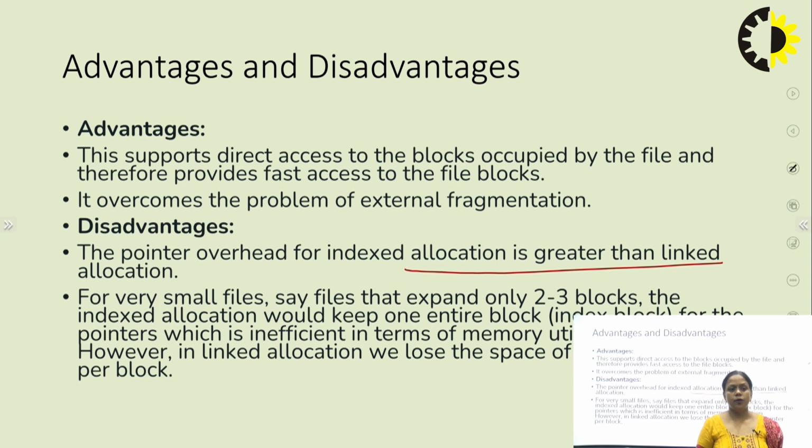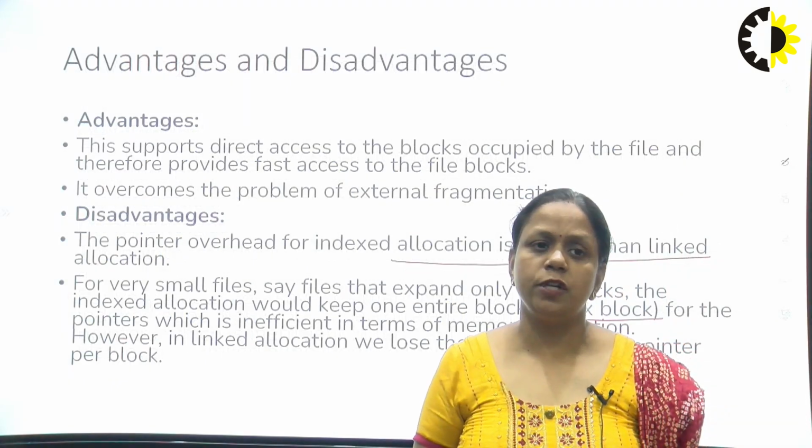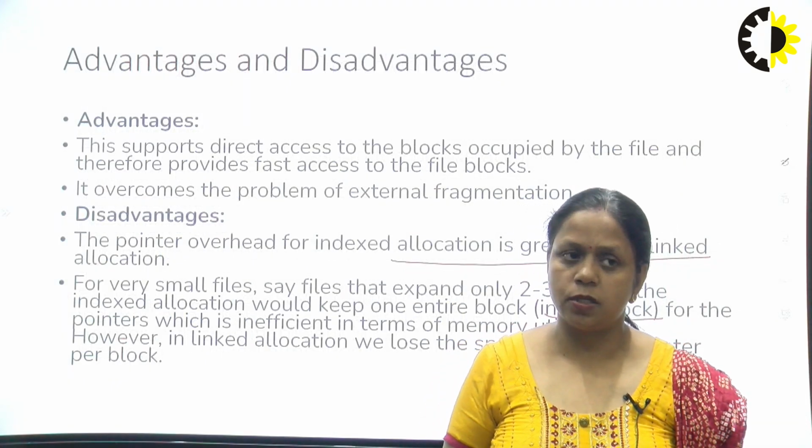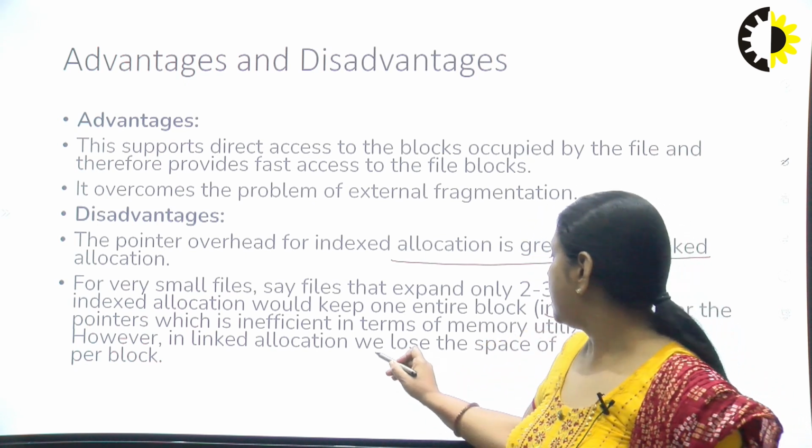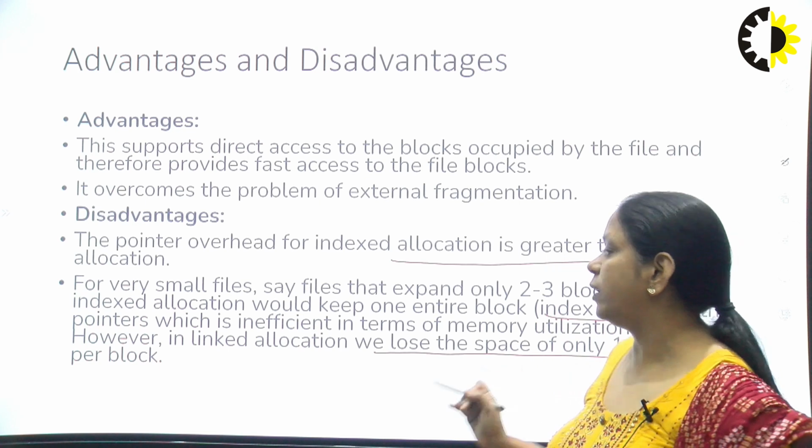For very small files, say files that span only 2 or 3 blocks, the index allocation would keep one entire index block for the pointers, which is inefficient in terms of memory utilization. However, in link allocation, we lose the space for only one pointer per block.